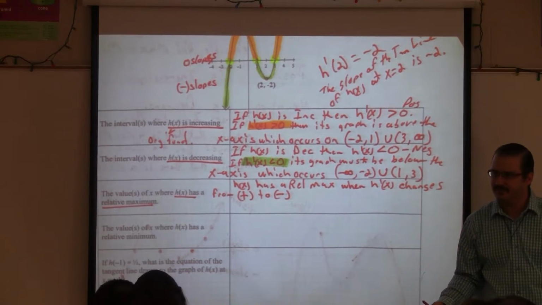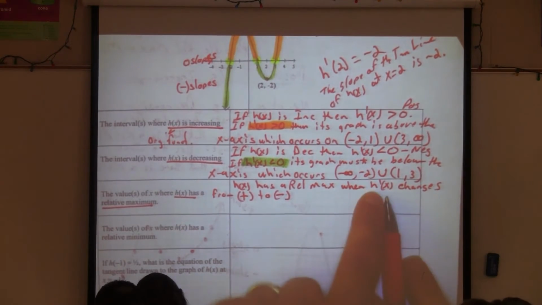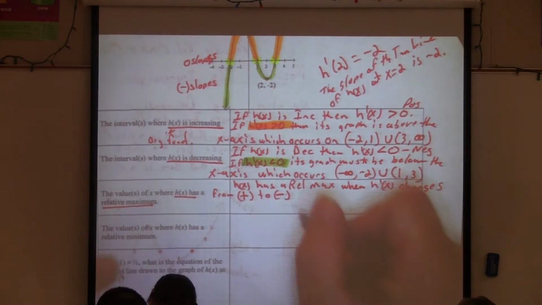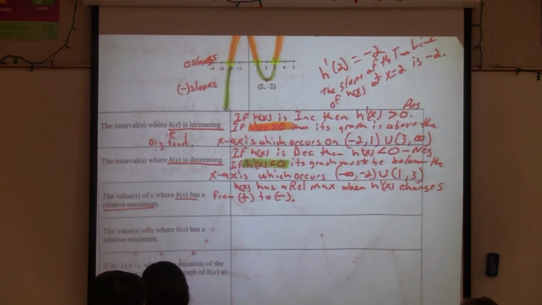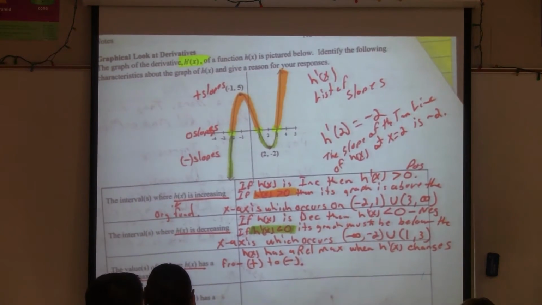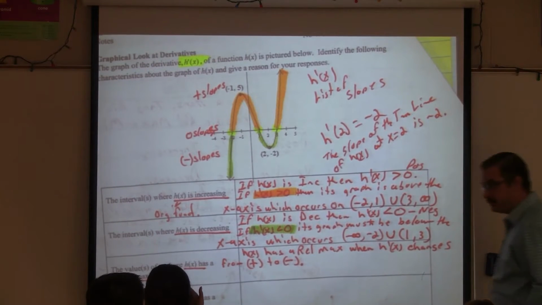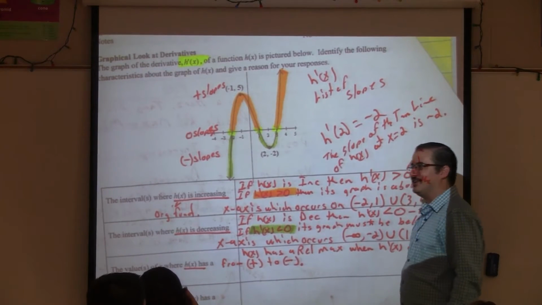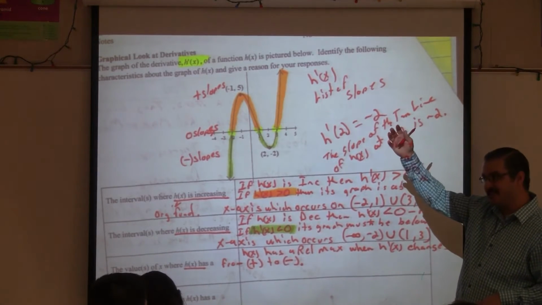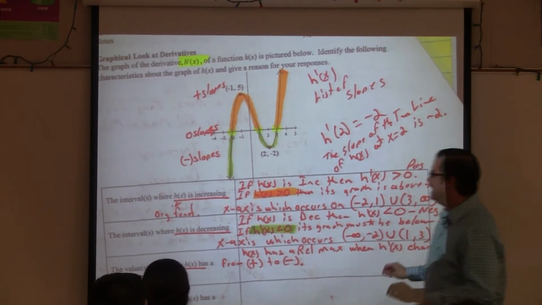Do you understand? That's why I keep referencing h prime. So if we think about that, where is the graph going? It's going from above the x-axis to below the x-axis.